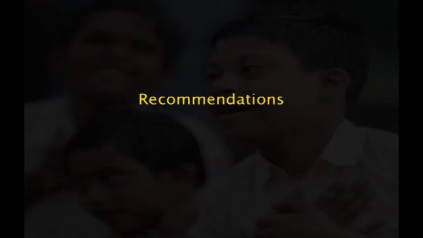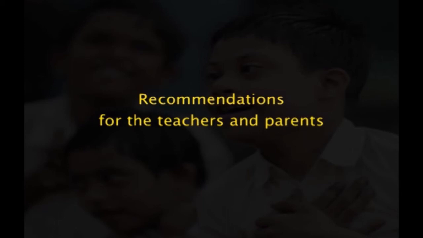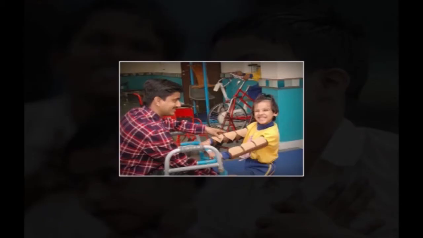We can see some recommendations for the teachers and parents. Early intervention is necessary. As soon as the child begins school, early intervention programs should be started, and involvement of appropriate professionals like the physical therapist, the occupational therapist, the language therapist should be made available for the child. A team approach at the school level involving the external agency or community who can meet on a regular basis is also very essential.